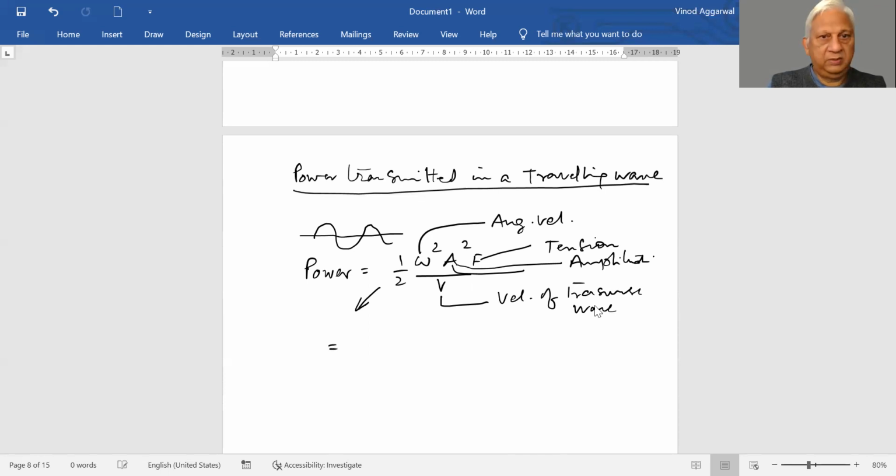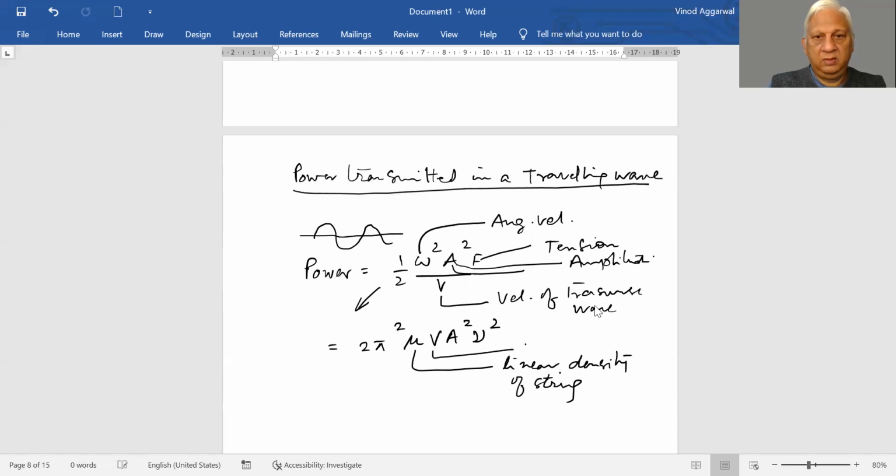This can be further simplified as, where this is the linear density of the string, this is the wave velocity, this is the amplitude, and this is the frequency of oscillation.